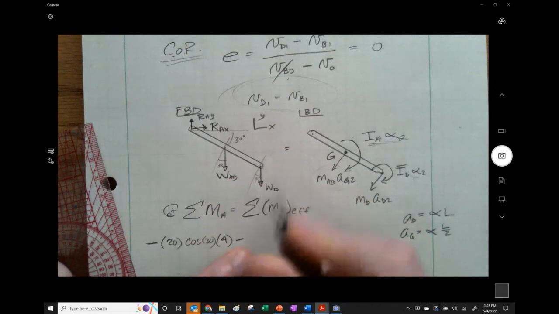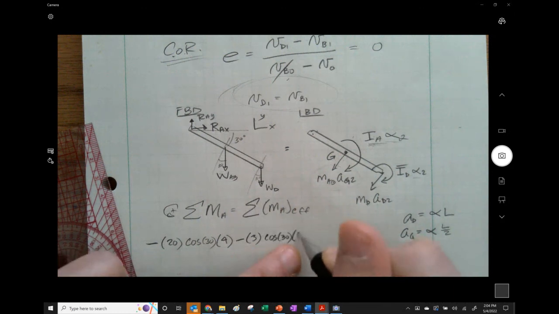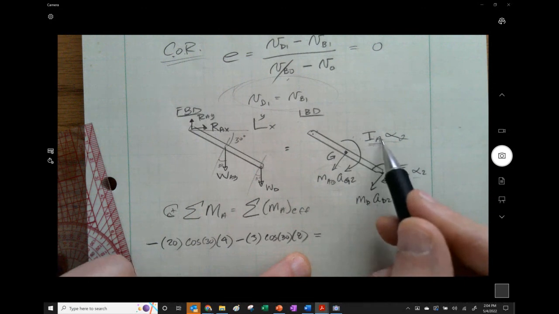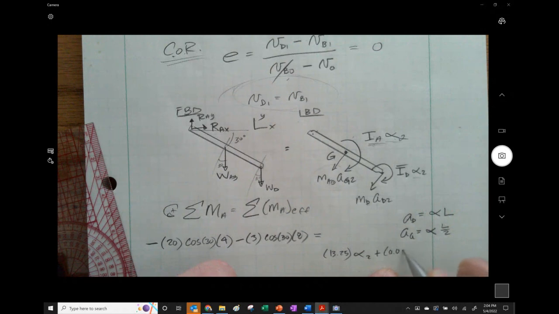And then this one is going to be 3 pounds times the cosine of 30 times 8. And that's going to be equal to I, which is 13.25 alpha, plus the boring 0.01 alpha, hardly necessary, but this will have an effect.